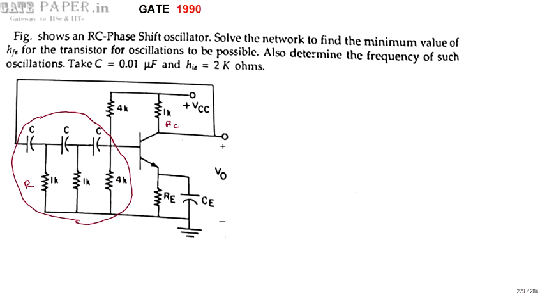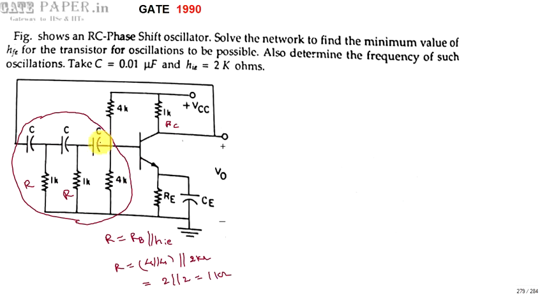The first R and second R are going to be external resistors, and the third R you will get from the parallel combination of 4K and 4K, that we can say as RB, in parallel with HIE. So R is equal to 4K parallel 4K, in parallel with HIE, which is 2K. 4 parallel 4 is 2, 2 parallel 2 is 1K. So this is the R value you will get.